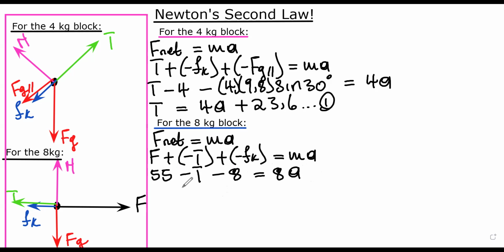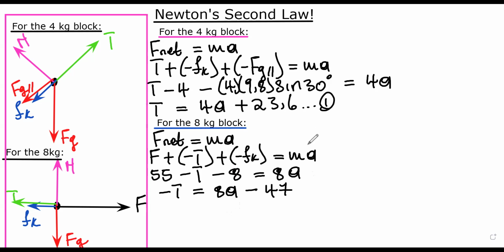Okay, so I want to simplify my equation. Then I say 55 minus 8. Well, I'm simply going to get 47. Then I take my 47 to the right. It becomes negative. So we have 8A minus 47.